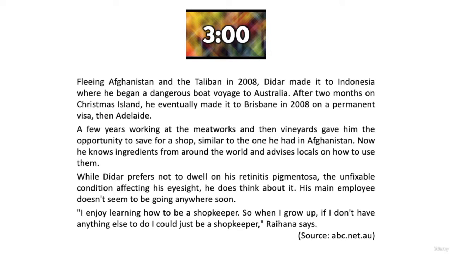A few years working at the meatworks and then vineyards gave him the opportunity to save for a shop, similar to the one he had in Afghanistan. Now he knows ingredients from around the world and advises locals on how to use them.